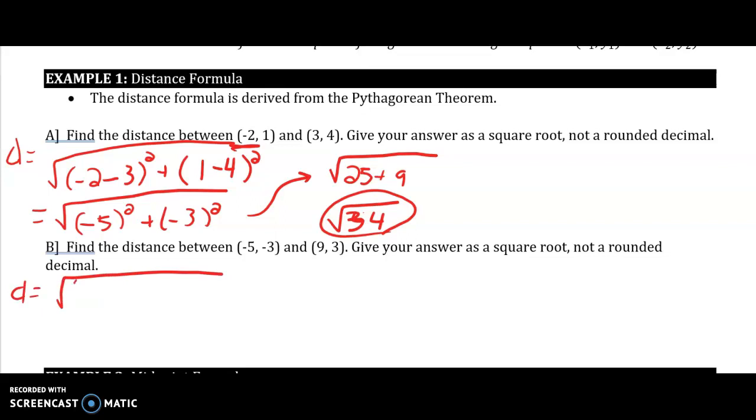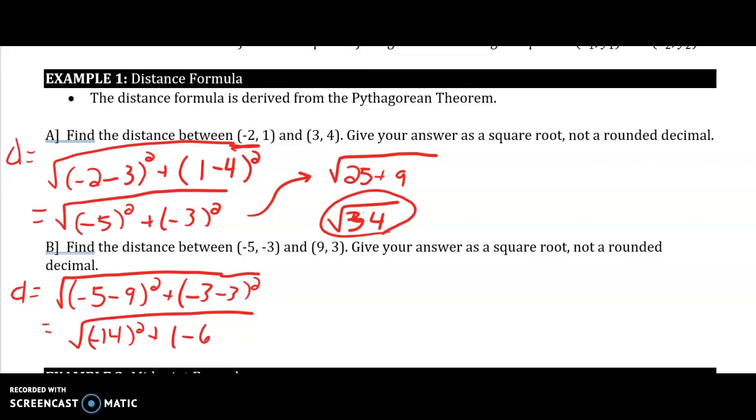So we're going to go -5 minus 9, and then we'll square that. We'll go -3 minus 3, and we'll square that. So -5 minus -9 is -14, and we'll square it.